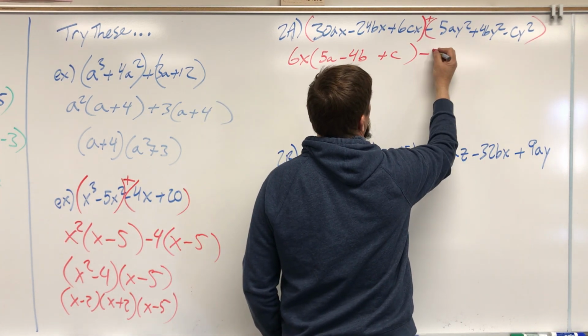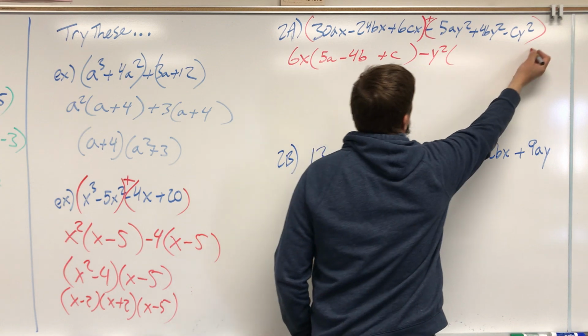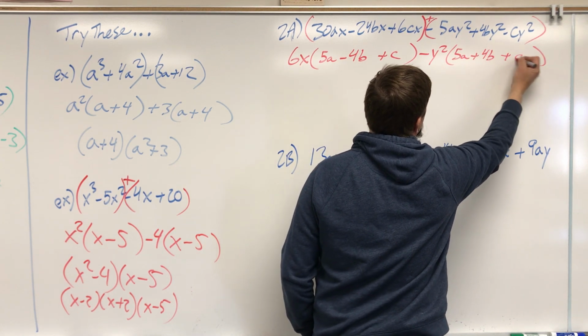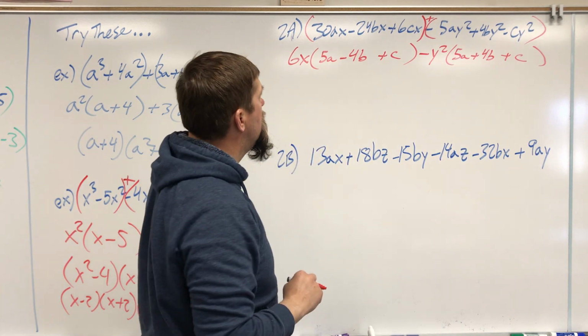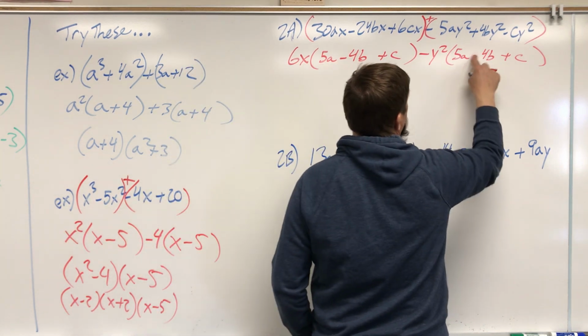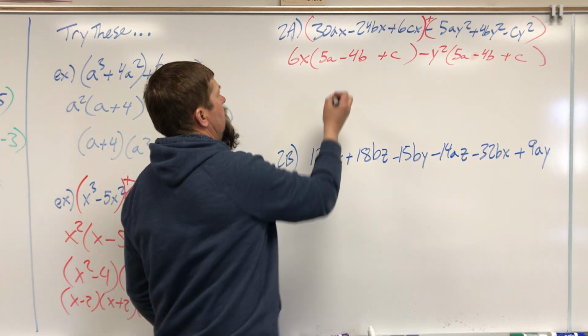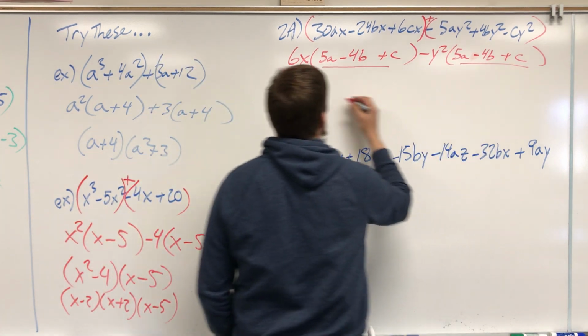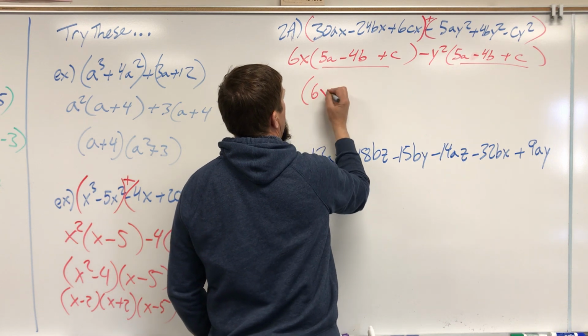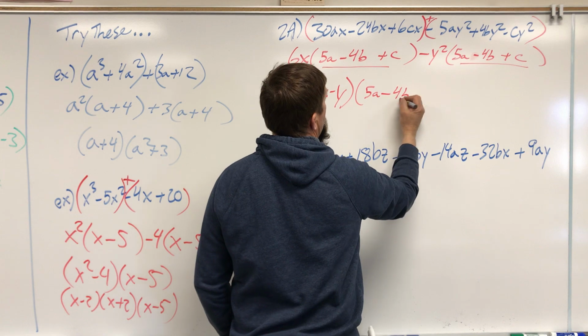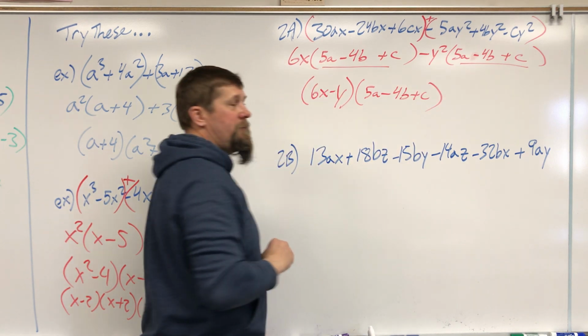This one I'm going to take out a minus y squared, leaves me with 5a plus 4b plus c, minus 4b. Okay, now you notice that these are common, so I end up with 6x minus y and 5a minus 4b plus c left. That's my factored form.